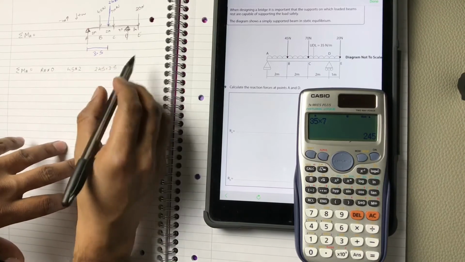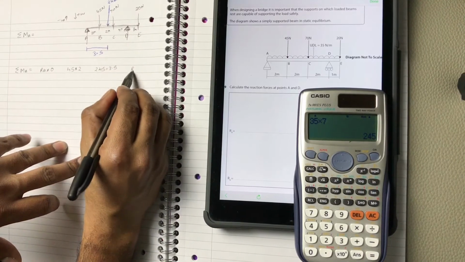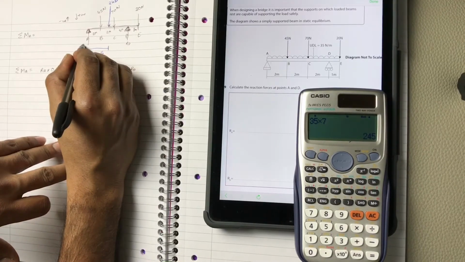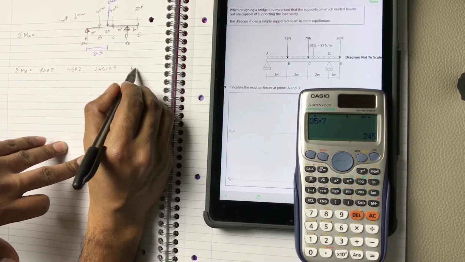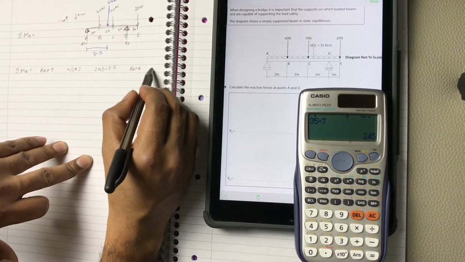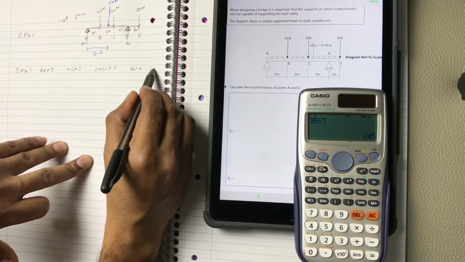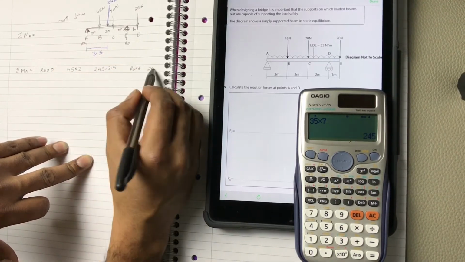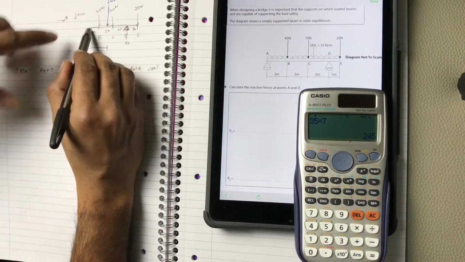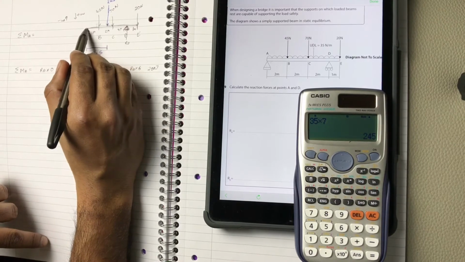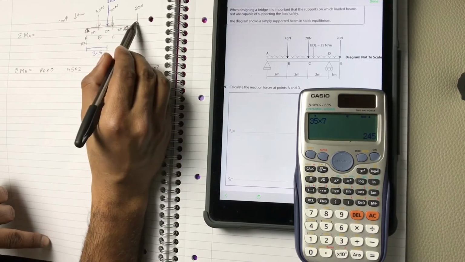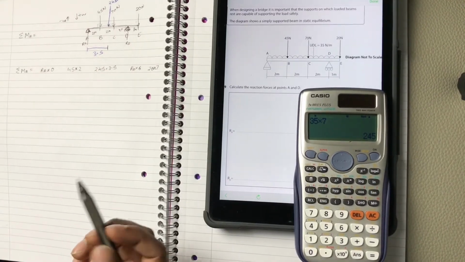The fourth force is the reaction force Rd, which is an unknown, hence I write Rd, and it is multiplied by 6. The last force is 20, and it is multiplied by 7. When I say perpendicular distance, it is literally the perpendicular distance, so the second, third and fourth are at 90 degrees.